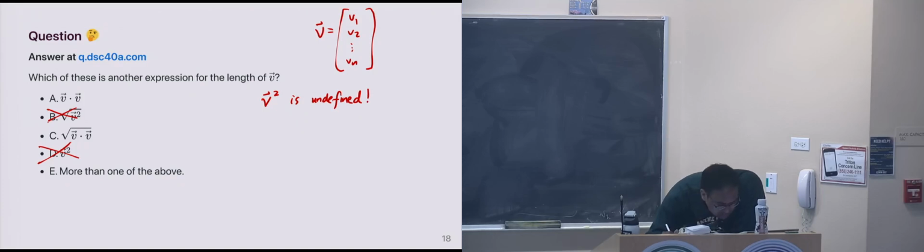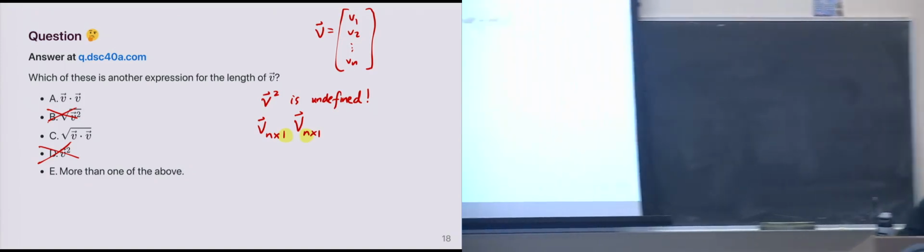Okay? V, if I try to multiply it by something, I have to keep in mind that it has n rows and one column. And when I try to regular multiply that by v, then I run into the issue that the number of columns in the first thing doesn't equal the number of rows in the second thing. 1 is not equal to n. Right?